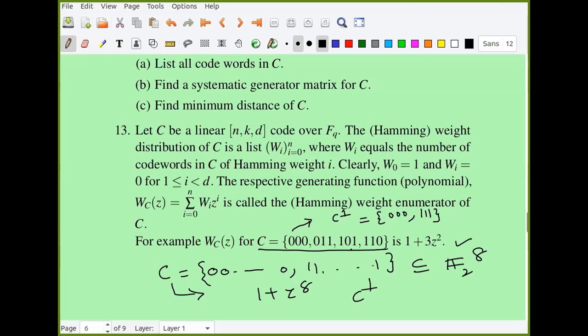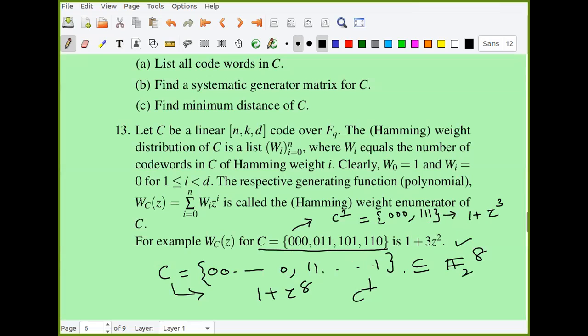A codeword weight being even is the same as being orthogonal to the all ones vector, right? So these are all even weights, and everyone is perpendicular to the all ones vector. Now, this one is 1 plus z cube, right?